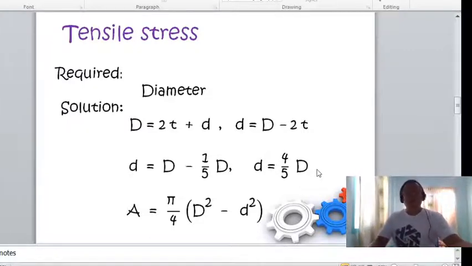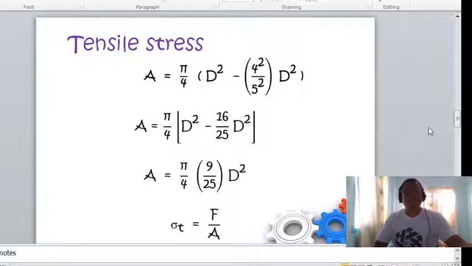Knowing also that the area is equal to pi over 4 multiplied by the square of the diameter minus the inside diameter squared, because we are only looking at the resisting area to the force. This is for a hollow circular section.